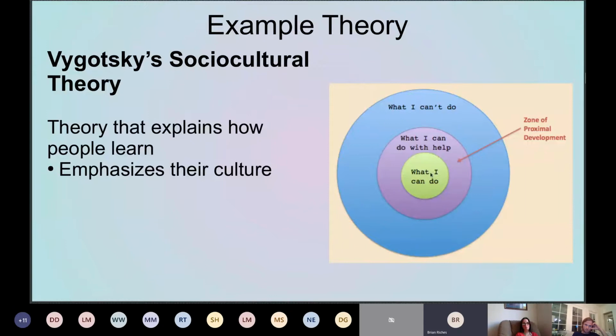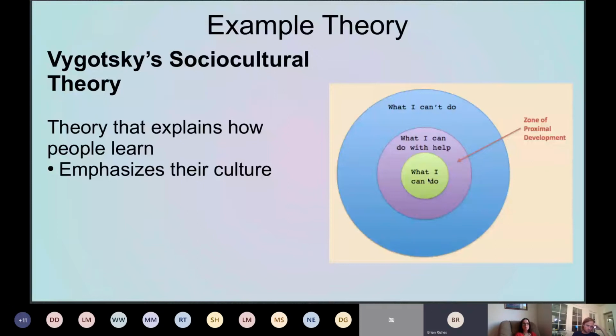So what can she do with help? Well, she has an app that teaches her other chords, other notes, things like that. So with that app, she's able to play more complex songs than she was able to play yesterday. What she can't do is play some of her favorite songs that she's wanting to work up to. Right, so that is how that zone of proximal development is still a very strong part of Vygotsky's theory that we still hold on to today.